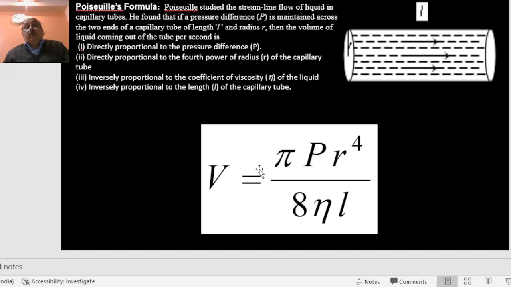The rate of flow depends on the radius, on the coefficient of viscosity, and on P by L, that is pressure per unit length. Then you will be able to find this equation by dimensional analysis as well. Right? Thank you.